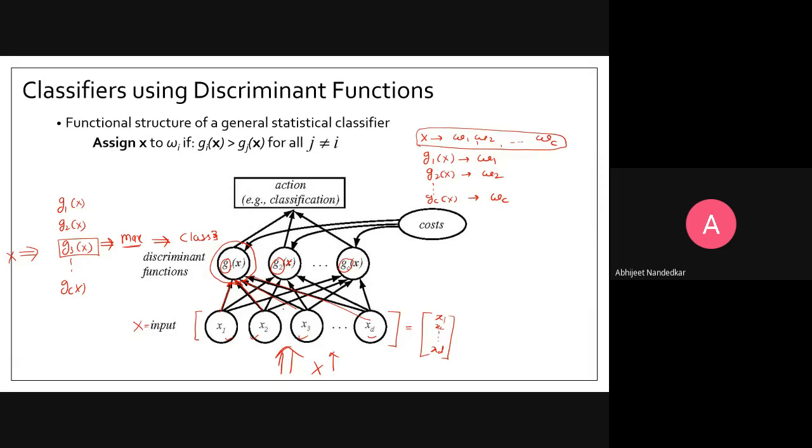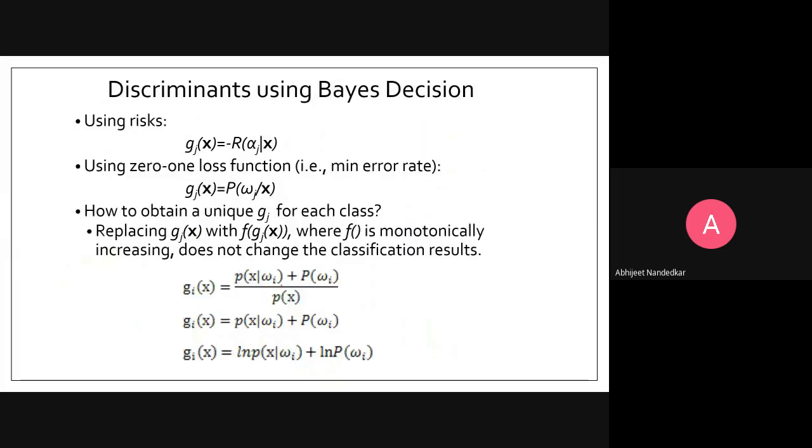Now let us see how we can obtain these G1, G2 and so on. Here we can use the Bayes decision procedure that we have already seen to find these G functions shown in the earlier diagram.